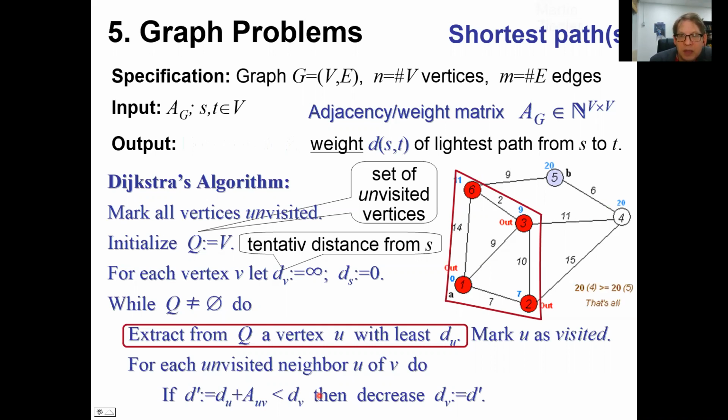So let me emphasize that argument again. It's an information theoretic lower bound. An algorithm that computes shortest paths in general must look at every possible edge, right? Because if it misses an edge, then we could change the value of that edge to maybe 0, a very light edge, and thus reduce the weight of a lightest path and change the output of the problem.